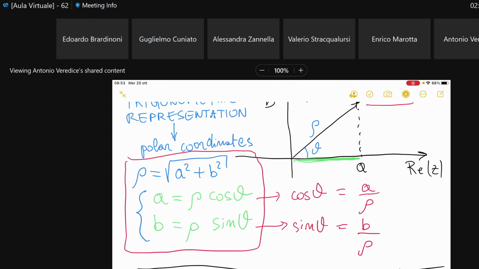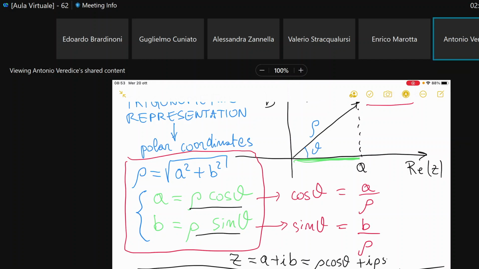Let me write it. I want to write the trigonometric representation of the number z.